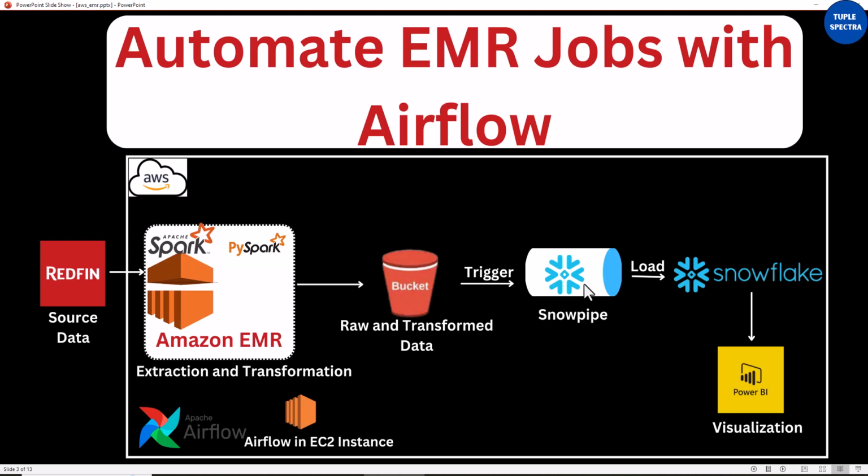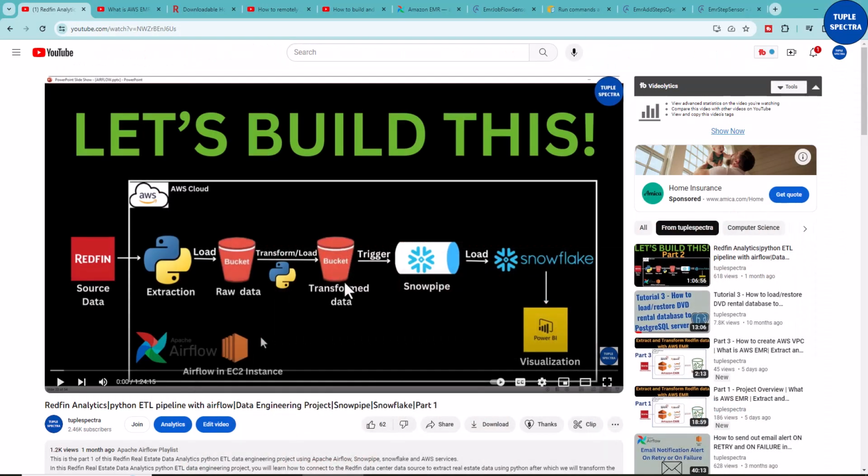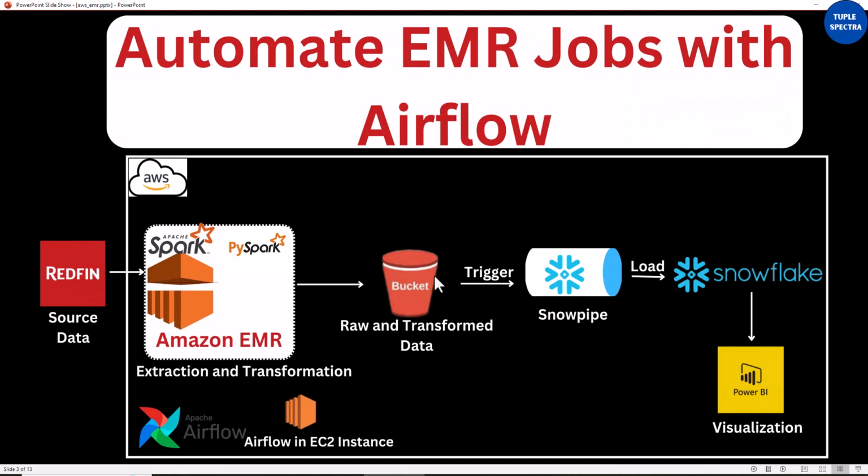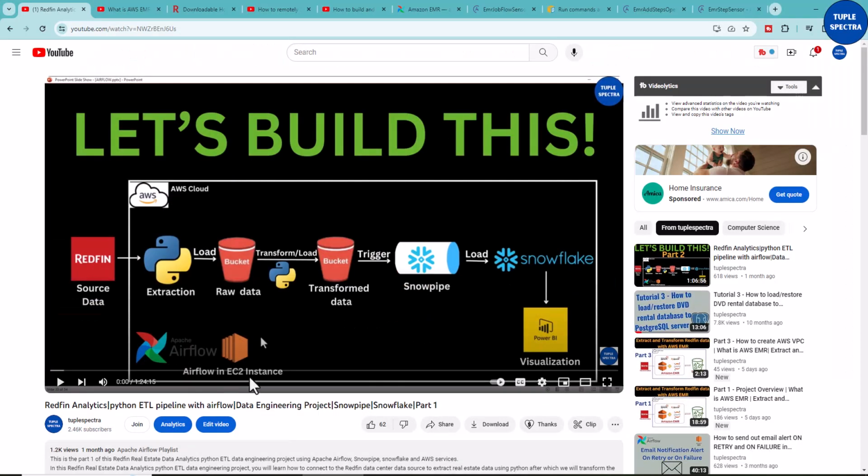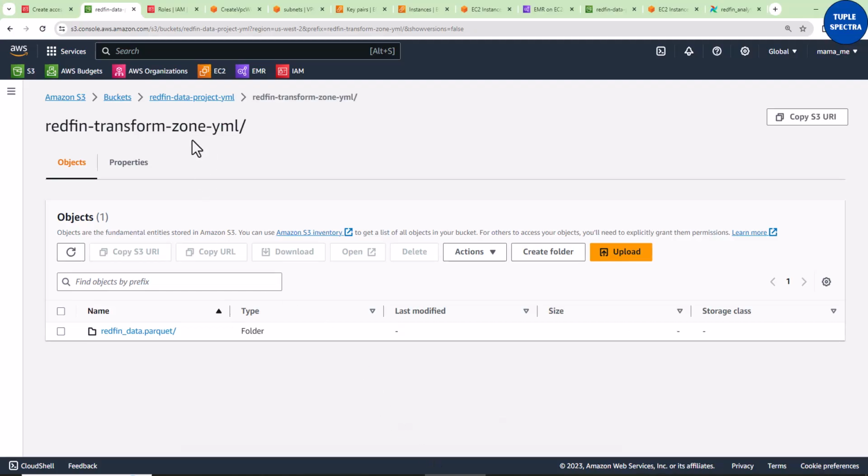The only difference is that instead of a CSV file, which we had in that case, for this particular video that we just did, it is going to be a parquet file, as you can see in our transformed folder.